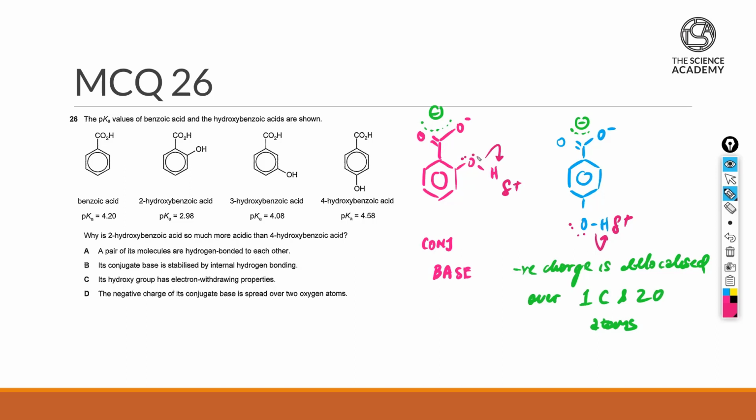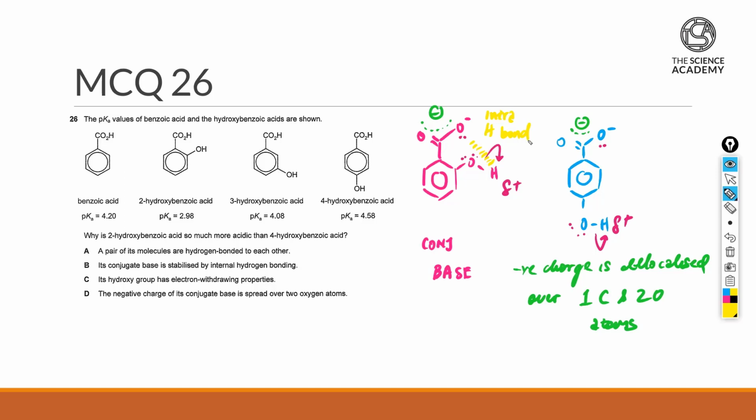But you do also have that lone pair found on the O- ion itself, and because of the close vicinity in your 2-hydroxybenzoic acid, the negative charge on the O- itself is able to form an intramolecular hydrogen bond with the adjacent hydroxyl group that has yet to dissociate, further dispersing the negative charge.